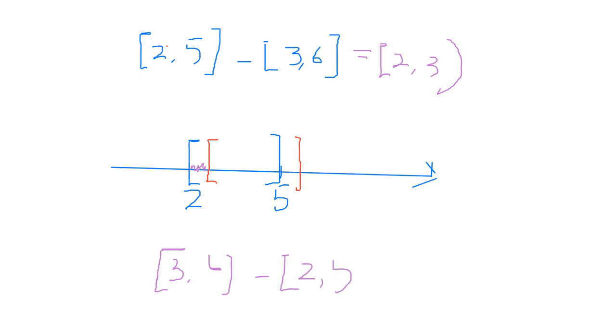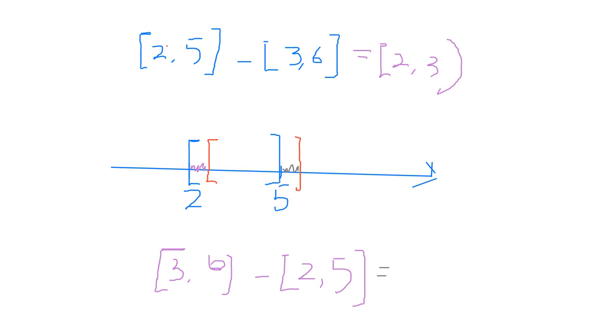Let's find the set of the interval 3 to 6, subtract 2 to 5. That means the numbers in the interval of 3 to 6, but not in the interval of 2 to 5. Okay, Nino is saying that's 5 to 6. I agree with you. That's right here.